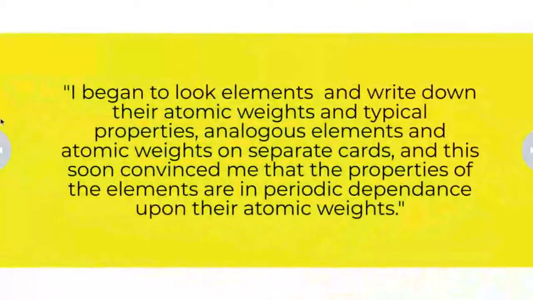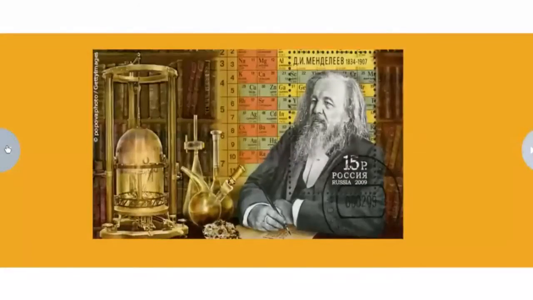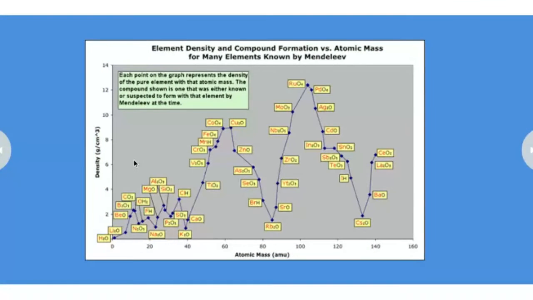How did he predict the properties? Well, for instance, he predicted the density. How did he predict the density? He would predict the density based upon what we would call interpolation. Like here's the density of titanium, and here's the density of chromium.